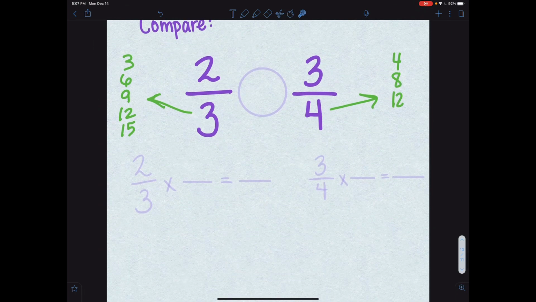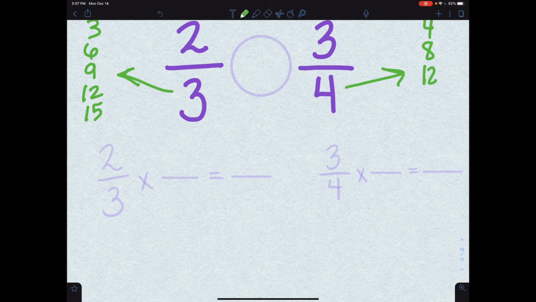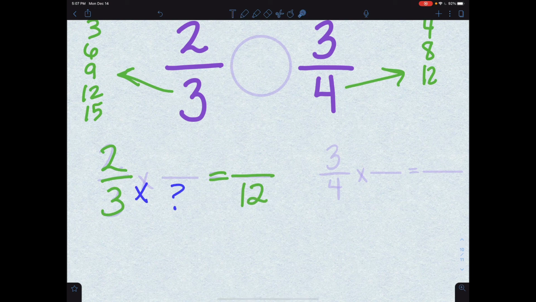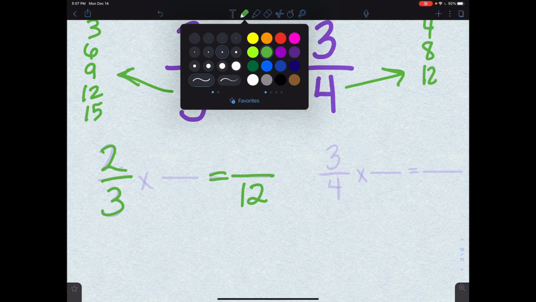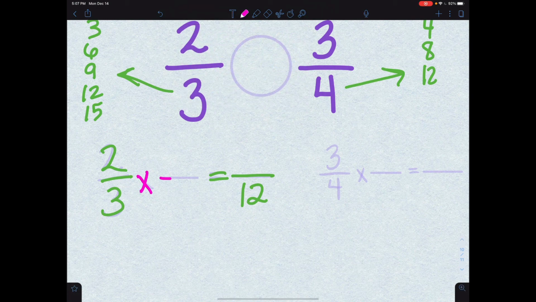So we're going to change 2/3 into something over 12. So what do I need to multiply 3 by in order to get 12? I think you can see it. I need to multiply it by 4. Of course, we do the same thing to the top and to the bottom because that way we multiply it by a big fat 1.